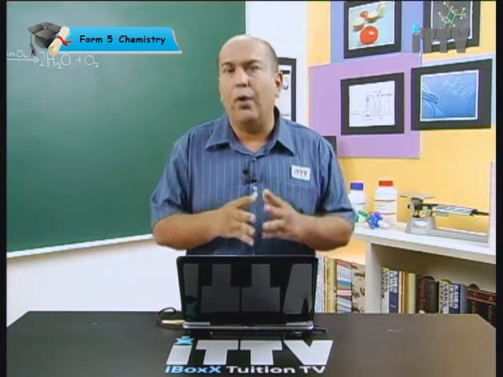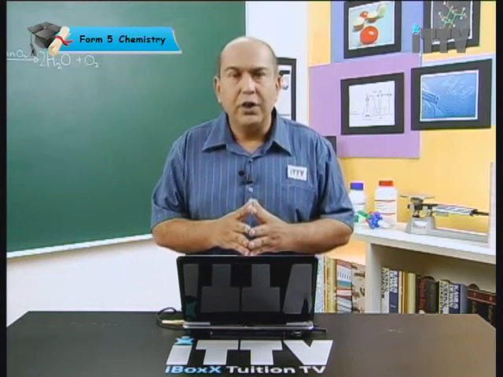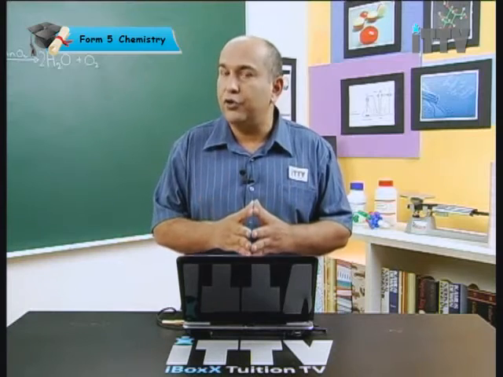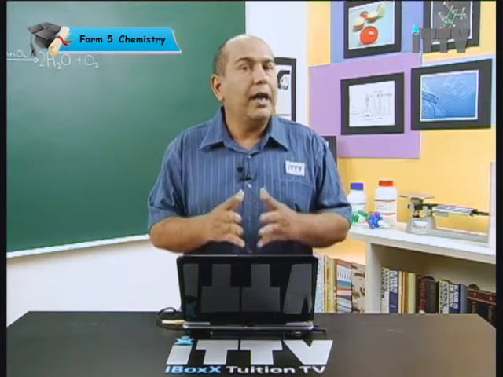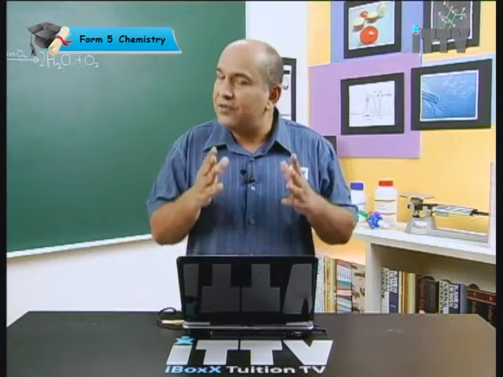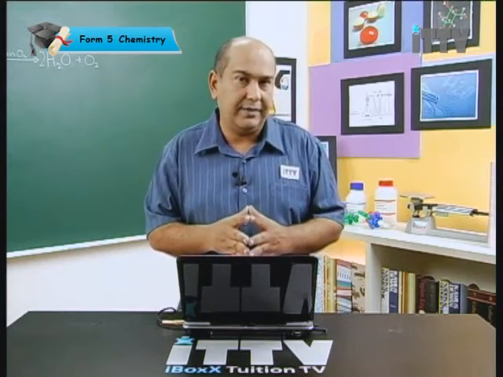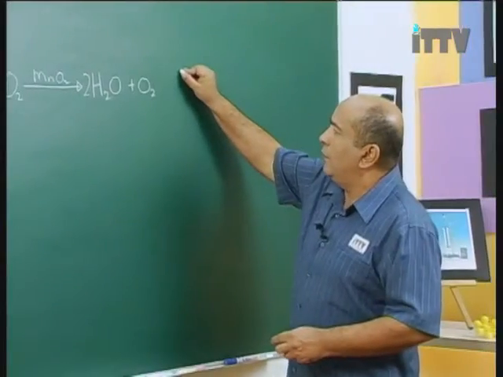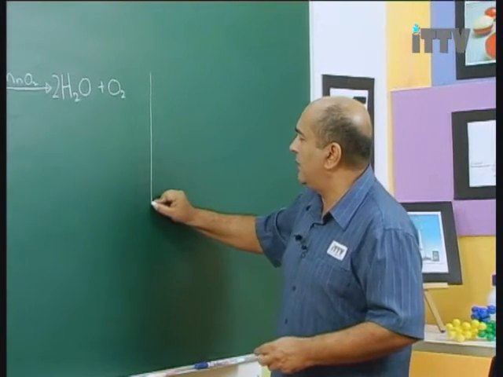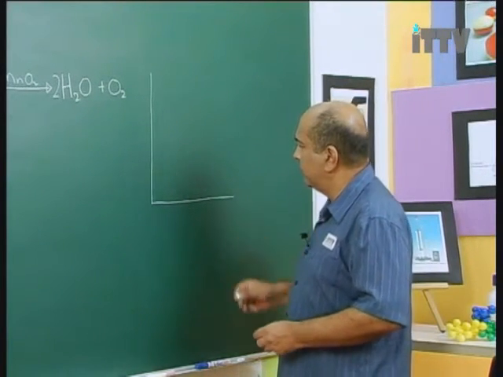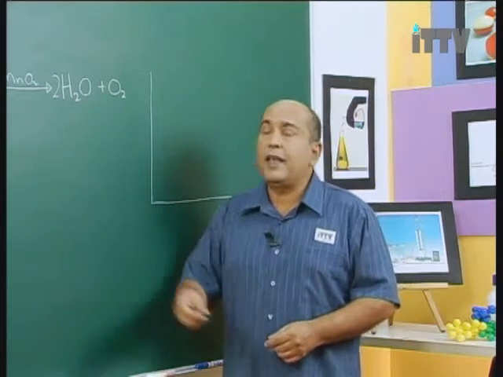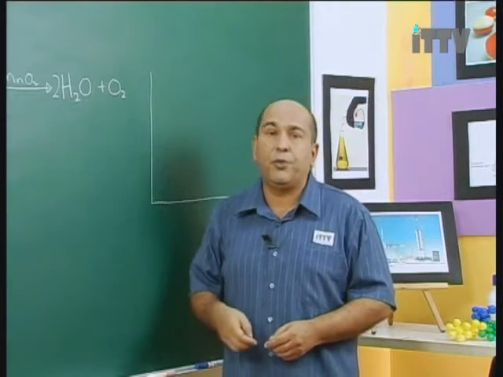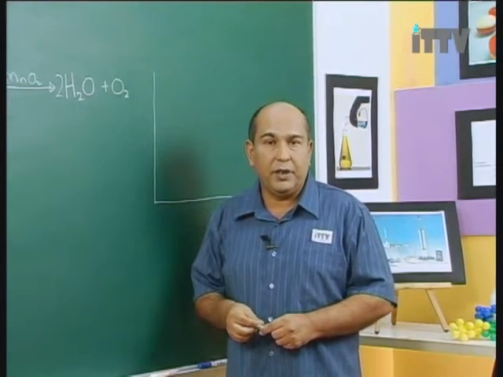Now let's go up to the board and sketch a graph to show a reaction that uses a catalyst and compare it to a reaction that does not use a catalyst. So let's start by just drawing in our axis. And let's take the decomposition of hydrogen peroxide as our example.